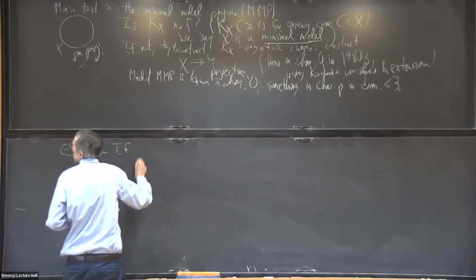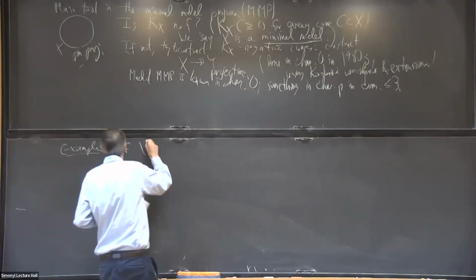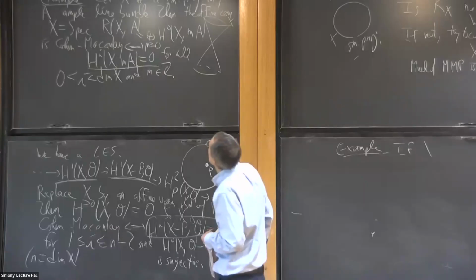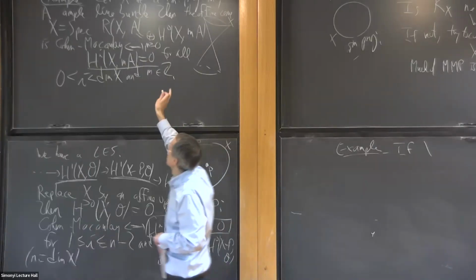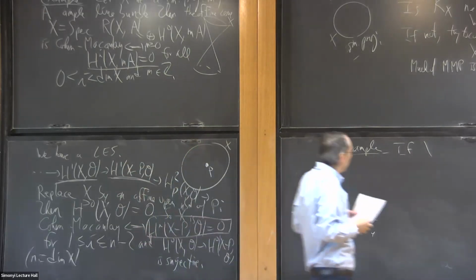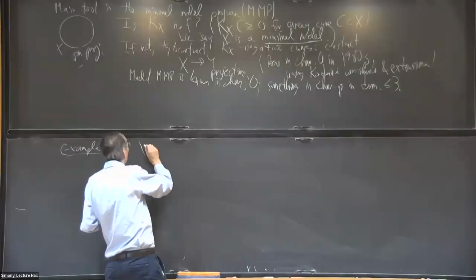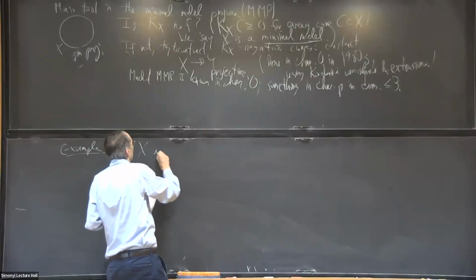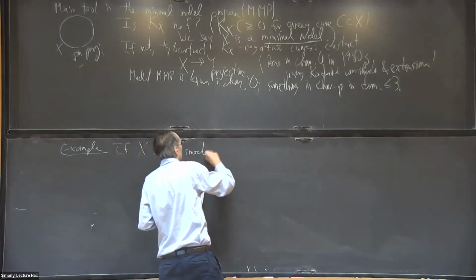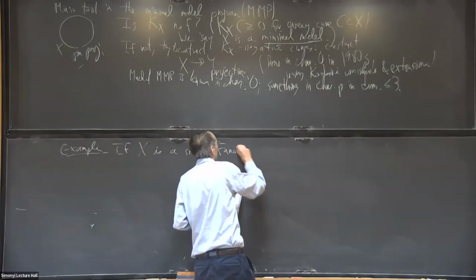For example, if X is, I think we were using X for the projective variety, also the cone. Sorry about that. So, a smooth Fano variety in characteristic 0.